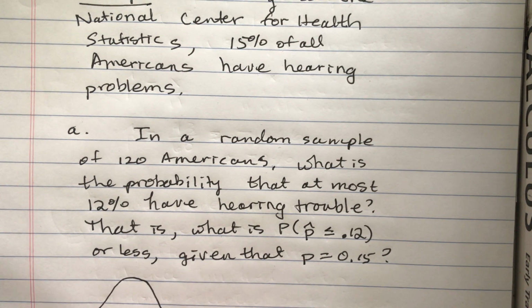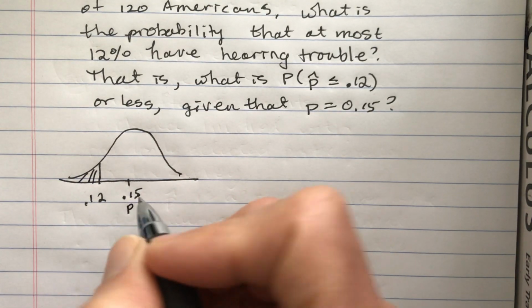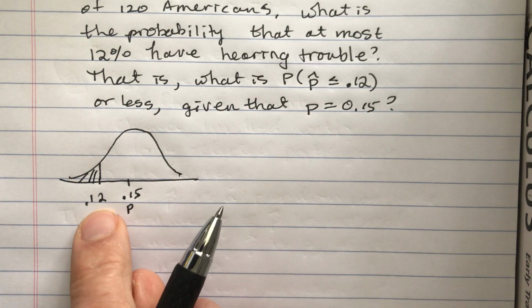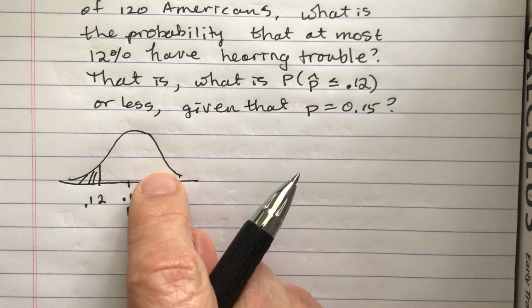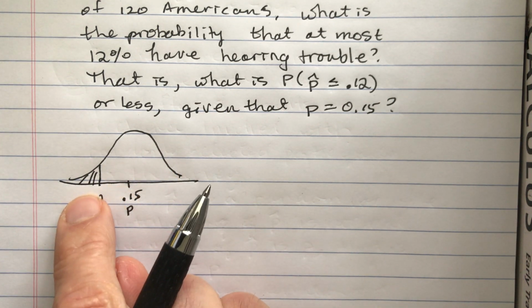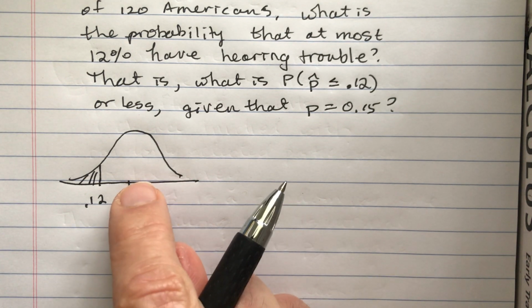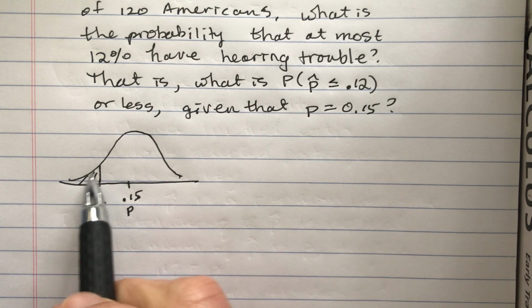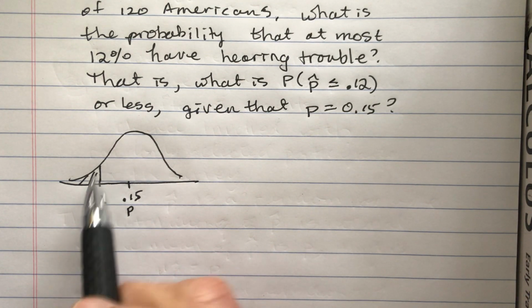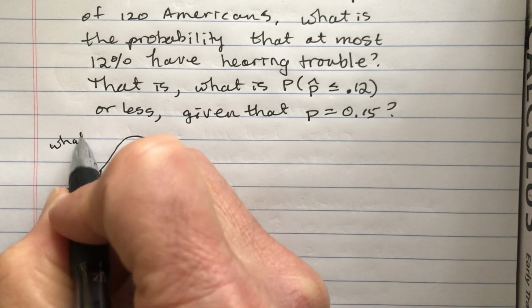And we're asking, what is the probability that we're going to get a p hat of 12% or less? You might get something more than 15%, something less than 15%, because it depends which people you ask. Even if you do a random sample, you might just happen to get a bunch of people with hearing losses. So what's the probability that you get less than 12%, which is asking, what is the area?